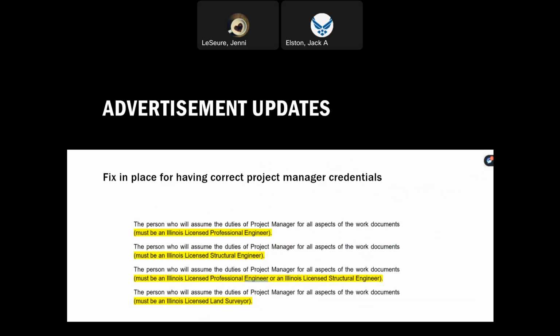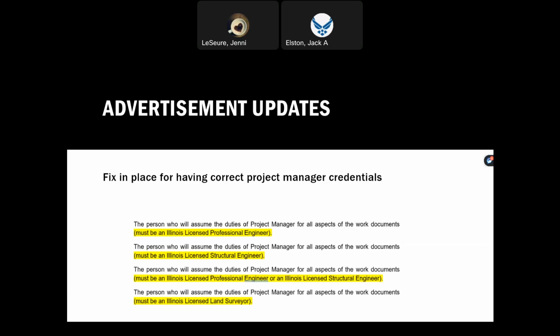I do have a fix in place for having to correct the project manager credentials. We've had some issues where a PE was required or SE was required, or it wasn't a land surveyor. You'll see a few different options here in the advertisement. That's probably my fault, and I do apologize because I'm sure many of you know I have what's called an ad generator for the districts, and the districts generate the ad, and they answer a bunch of questions, and sometimes in the Q&A, we miss things.